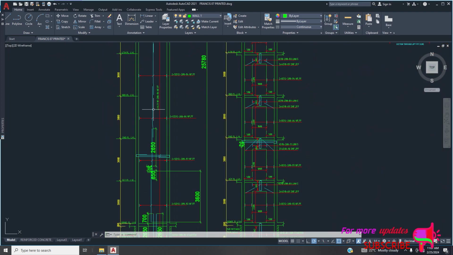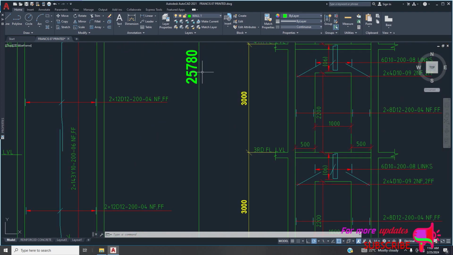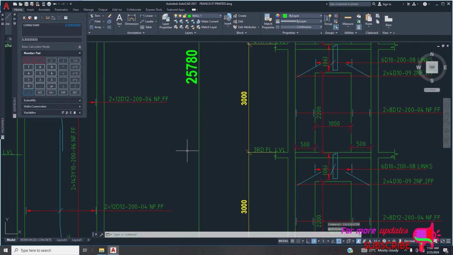25,800. If we do the calculation, 25,800 divided by 200, that is the spacing. 25,780 over 200, enter.